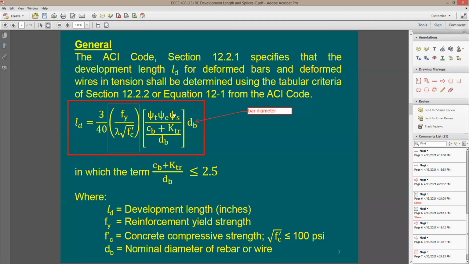Can you help, please? Rebar number 5, cross-section area equals 0.31. Thank you, Jorge. So 0.31 is the cross-section area for one rebar number 5. How about number 7? 0.6, almost double, right?